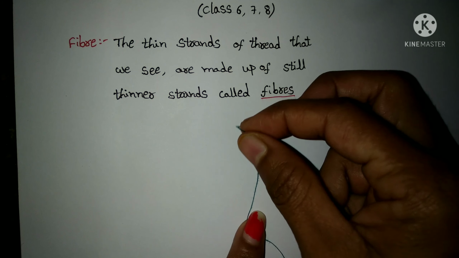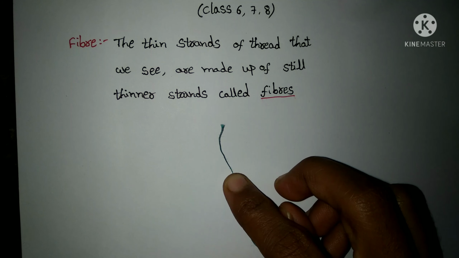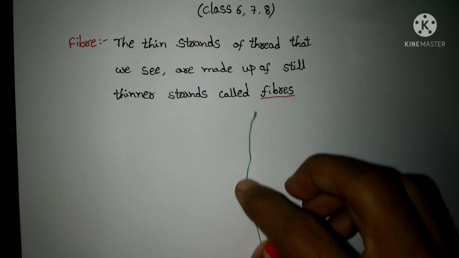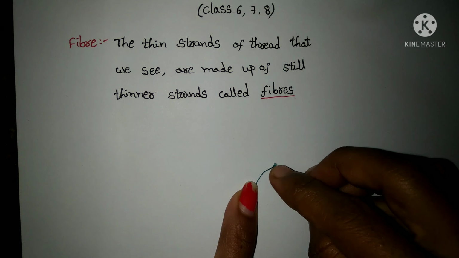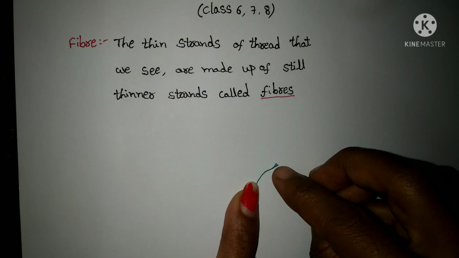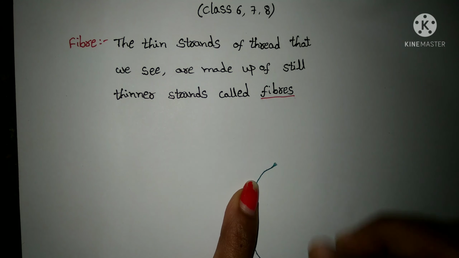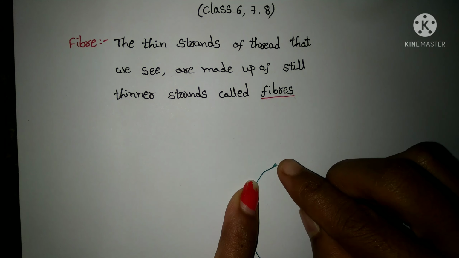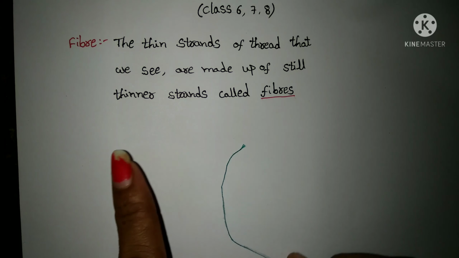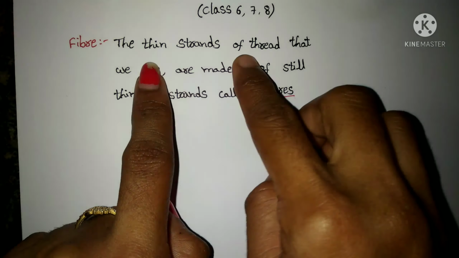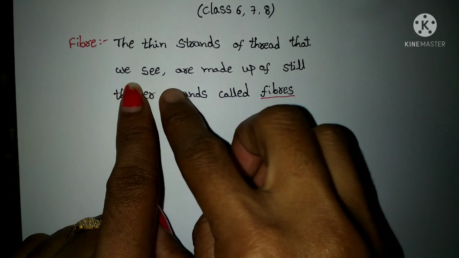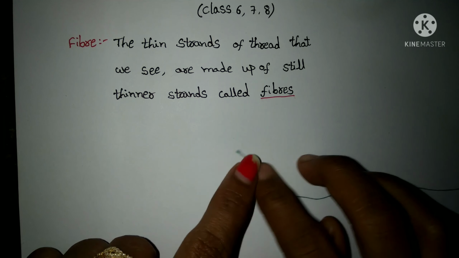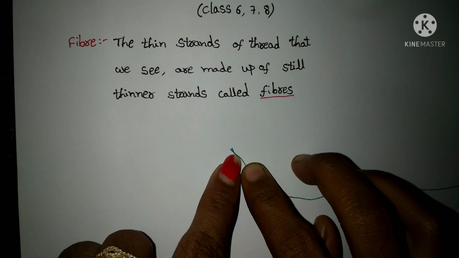Thinner is again very thin compared to thin. Observe, these are the thinner strands. Compared to this thread, these are very thin, yes. So these are thinner strands and the thread is a thin strand. The thin strands of thread that we see are made up of still thinner strands, which are called fibers.